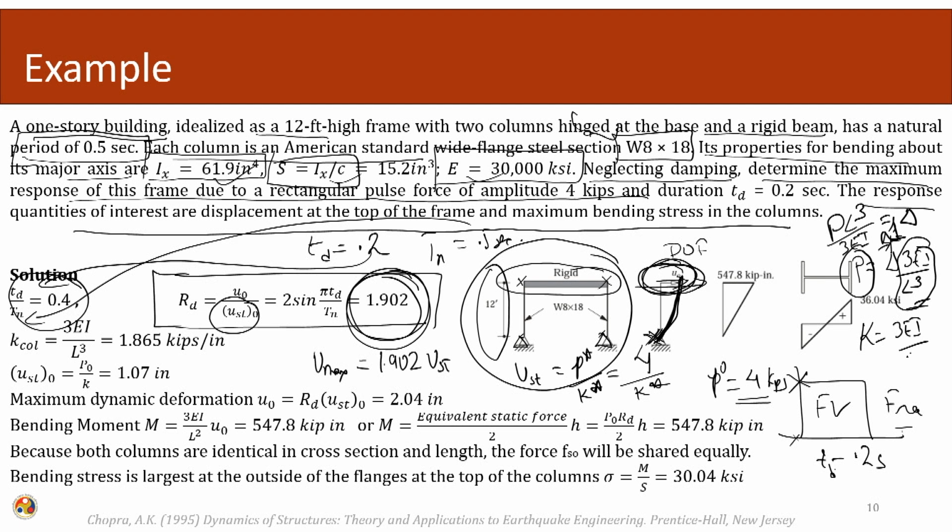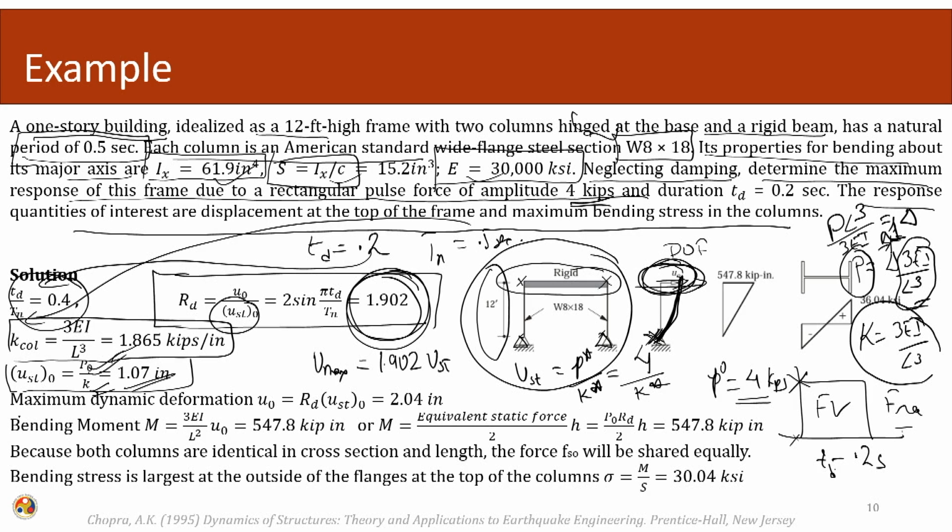The stiffness is 3 EI over L cube, using our simple static approximation. The stiffness has been given here. Then the static response becomes the value of the forcing function, that is 4 kips, divided by my stiffness value, and it becomes 1.07 inches.